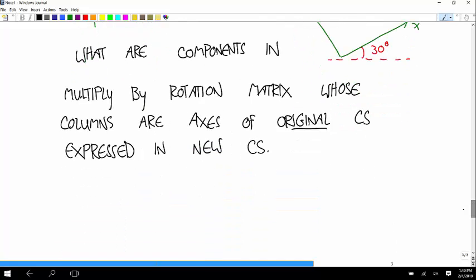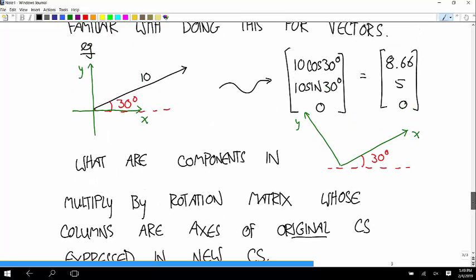Okay, so our rotation matrix Q is going to be, so the first column of this matrix is going to be, what are the components? So now think of these axes as unit vectors. Okay? What are the components of the unit vector in this direction if this is your coordinate system? That gives you 0.866, cosine of 30, and then negative 0.5, and then 0.